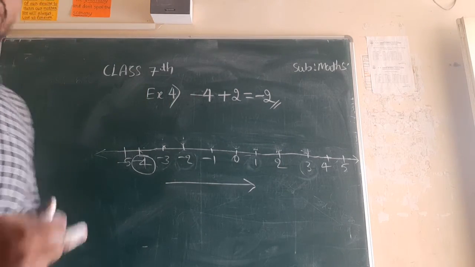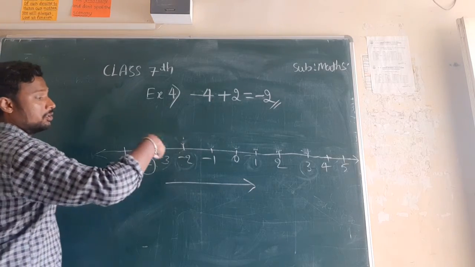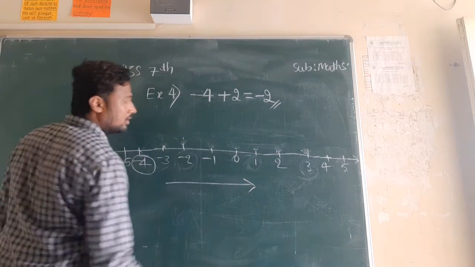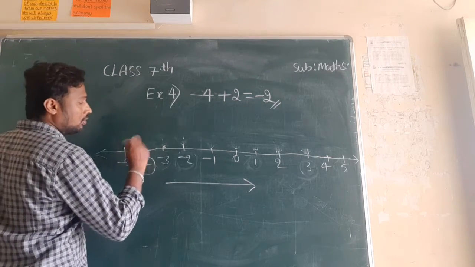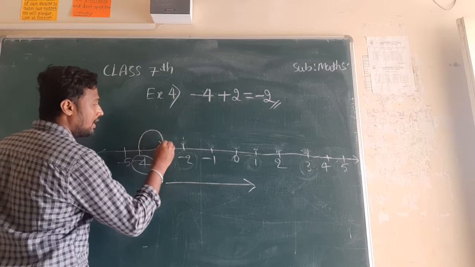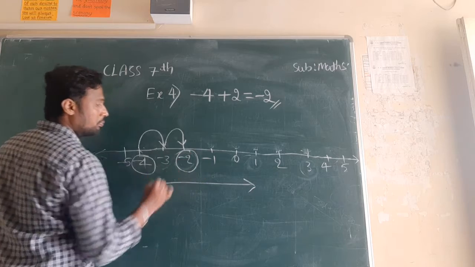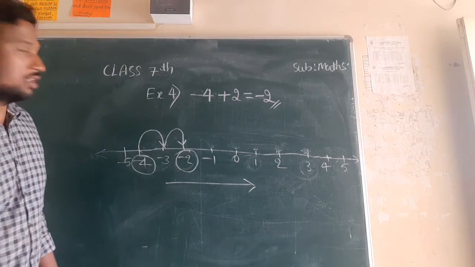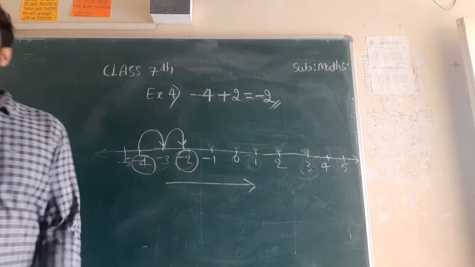So you are adding 2 here, which means you have to move 2 steps towards right hand side. So from this minus 4, I will move 2 steps towards right side. So this is my first step and second step. Where are we now? At the position minus 2. So here also we got minus 2, and our answer is also minus 2 only.